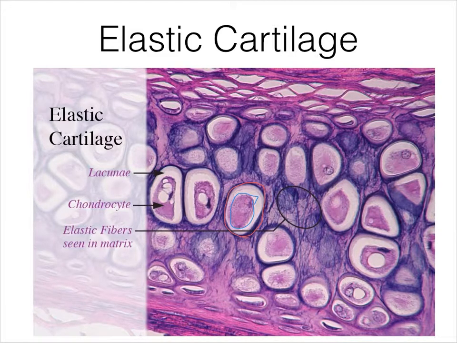So you'll have lots of cells, big cells, in lacuna, but you can tell that it's not epithelial tissue because there is still extracellular matrix between the cells. And that extracellular matrix will have fibers in it, in this case, mostly elastic fibers, which are thinner and darker than collagen fibers. Elastic cartilage will also typically not face a lumen or open area.